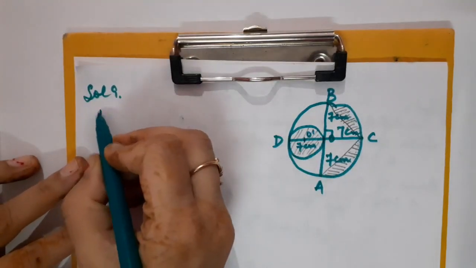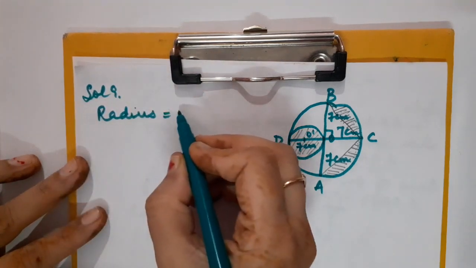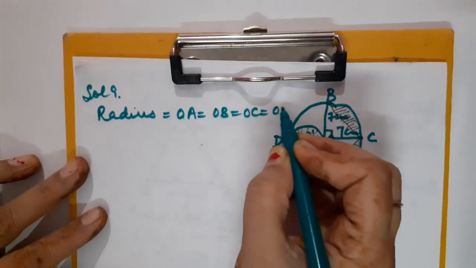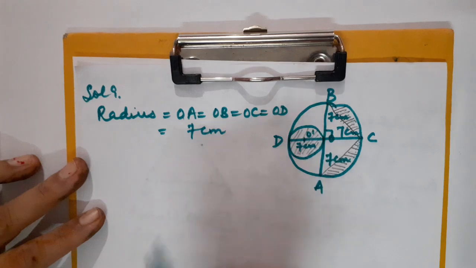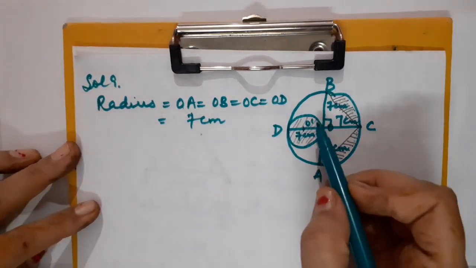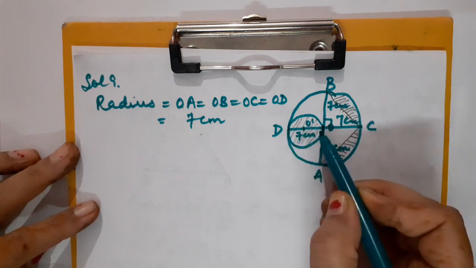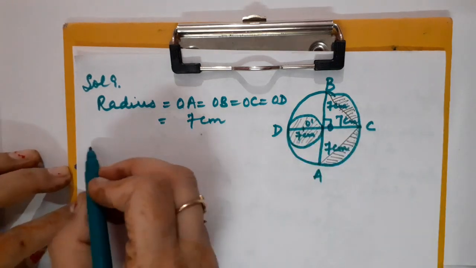First of all, the radius of the bigger circle, OA is equal to OB is equal to OC is equal to OD. This is given to us, that is 7 centimeter. Clear, children? And as you know, this smaller circle's diameter is OD. So can I calculate its radius? Of course.